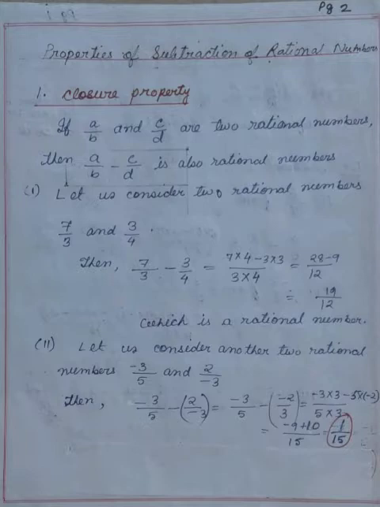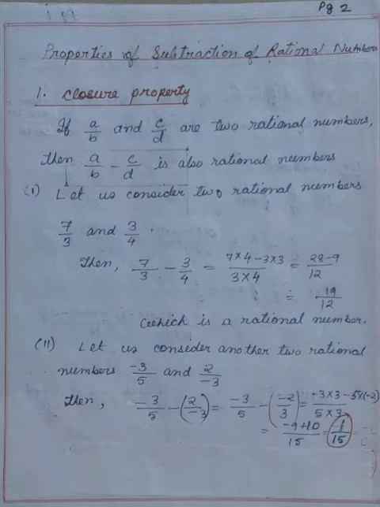Then 7 by 3 minus 3 by 4 gives us the numerator of the first rational number into the denominator of the second rational number, minus the numerator of the second rational number into the denominator of the first rational number, divided by the product of the denominators, which will give us the result 19 by 12. 19 by 12 is also a rational number.